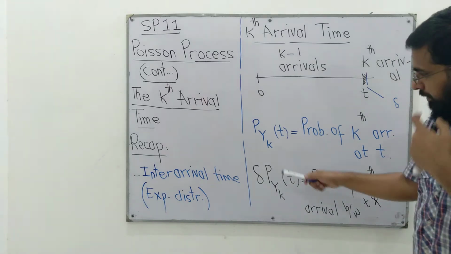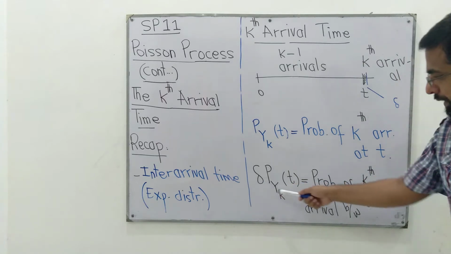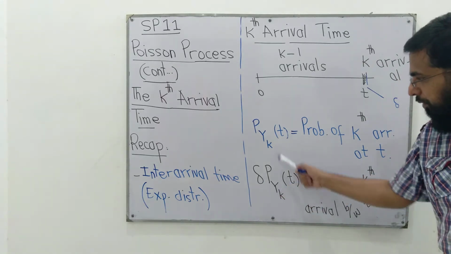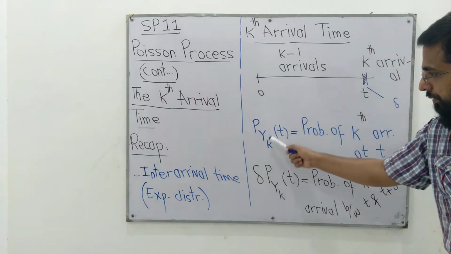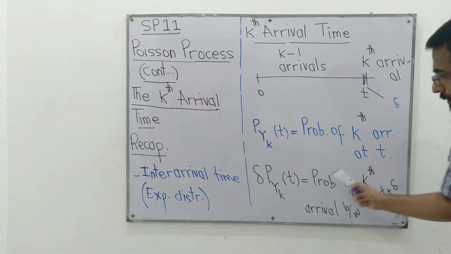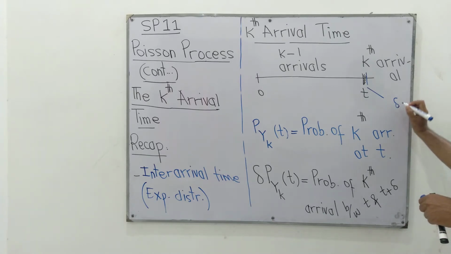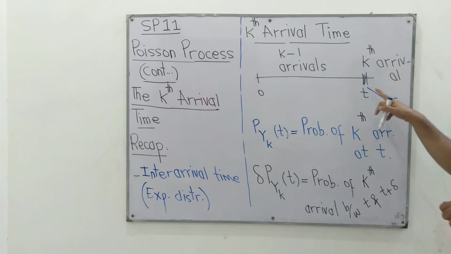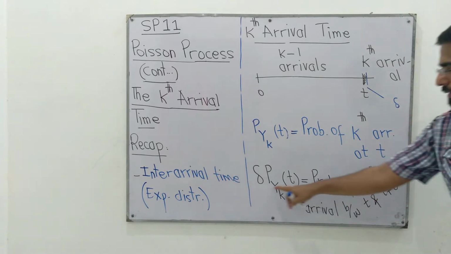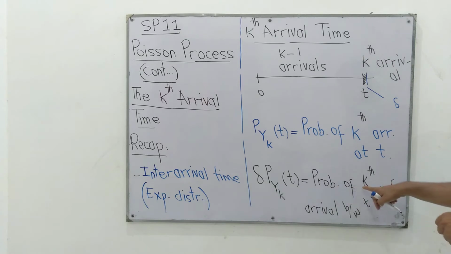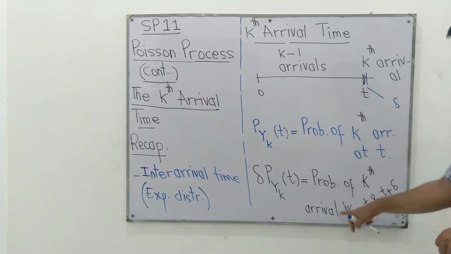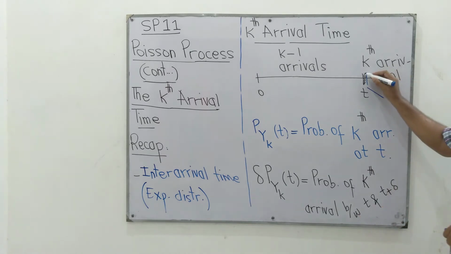In conjunction with this probability, we define another probability, that is the probability of this event, the kth arrival at time t, times a small time delta. Delta is a very small time which is assumed to approach 0, and this product is assumed to be the probability of the kth arrival happening between this time.